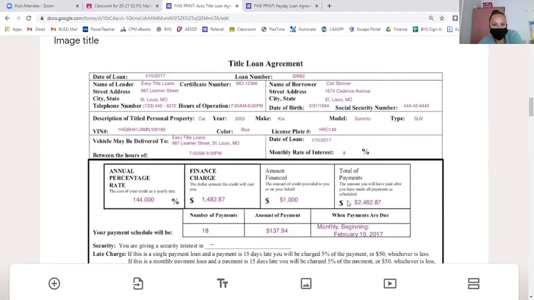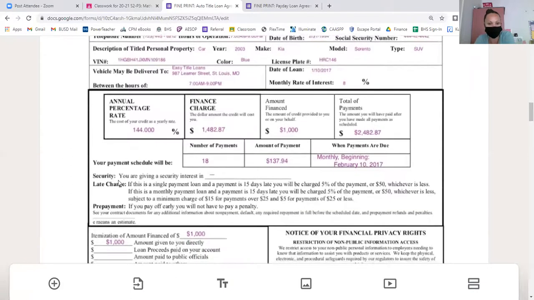So in the end, Carl's going to pay $2,482.87 by borrowing $1,000. He's making 18 payments of $137.94. They are monthly payments starting in 1 month. It's January. He's paying them in February. So for a year and a half, he's going to pay them this much to borrow $1,000.